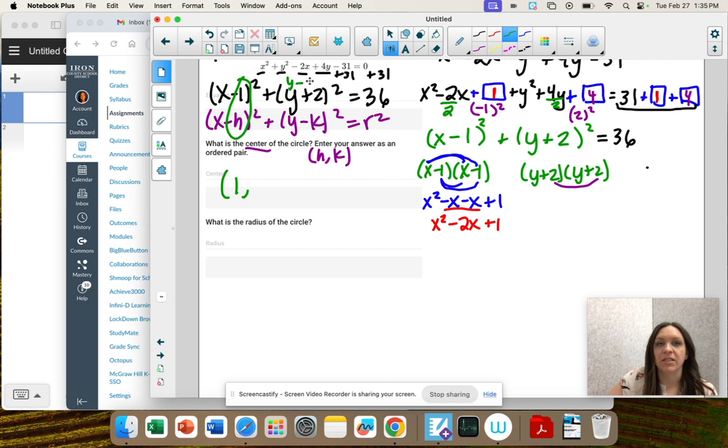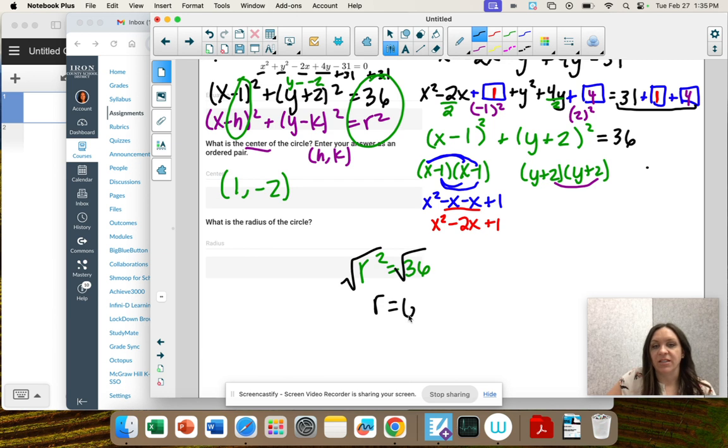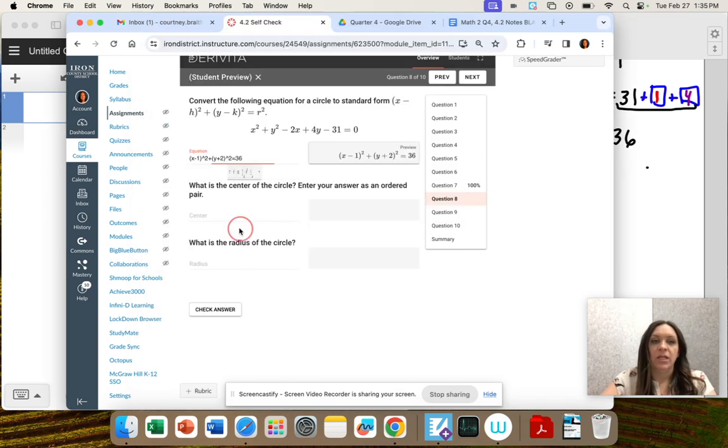It's y minus negative 2, so it's the opposite sign. And then r squared is 36, but we just want r. So the square root of that would leave us just r, and that is positive 6. So the center is (1, negative 2), and the square root of 36 is 6.